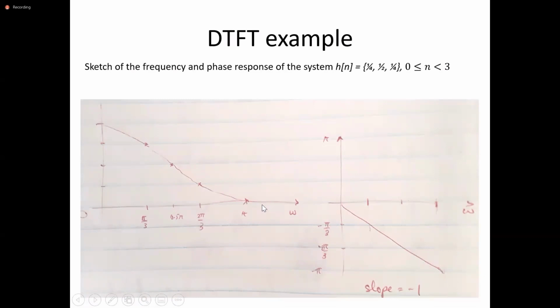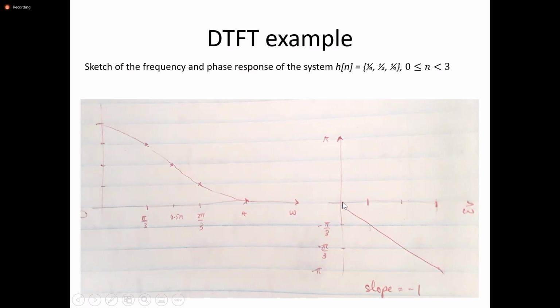So this is what our gain would look like as we go from 0 hertz up through pi hertz, which is half the sampling frequency. And here we see our phase, which is changing linearly.